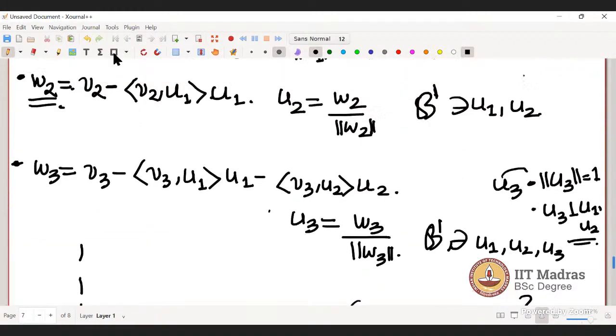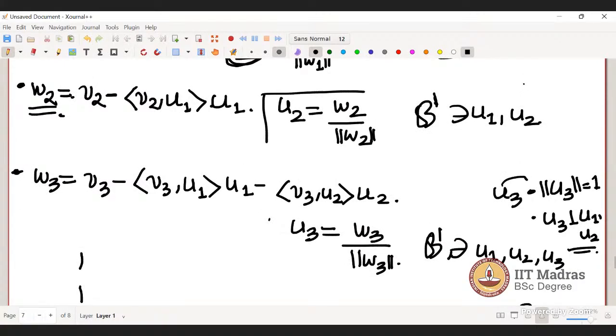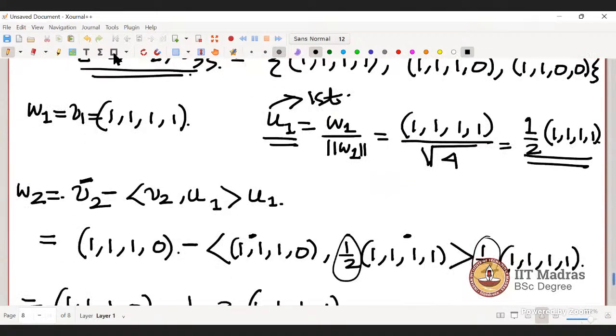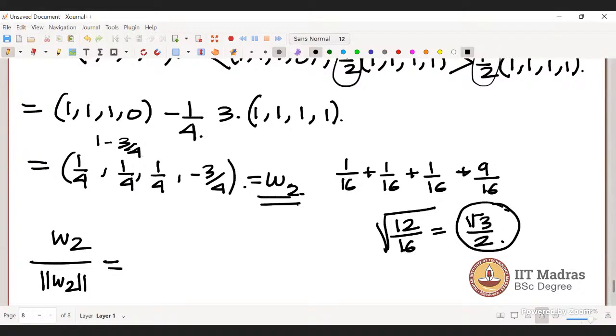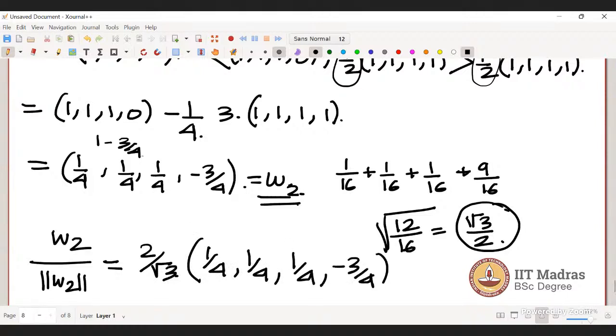But how can we get U2? Our next target is to find U2. U2 is W2 divided by the norm of W2. I know W2, and the norm of W2 is root 3 by 2. So if I do it, I get 2 by root 3 times 1 by 4, 1 by 4, 1 by 4, minus 3 by 4.